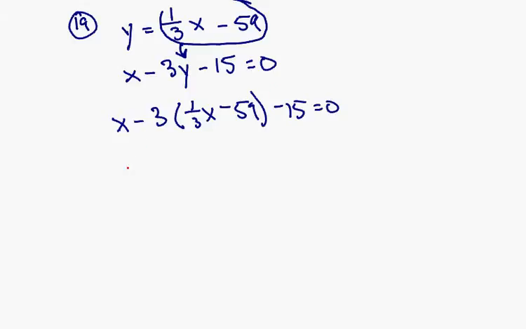Using distributive property, I have x minus negative 3 times 1/3 is 1, so it's negative 1x, and then I have negative 3 times negative 59 is negative 177, or positive 177, minus 15 equals 0.